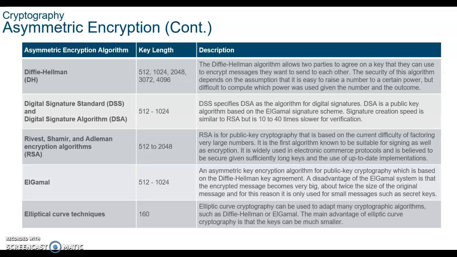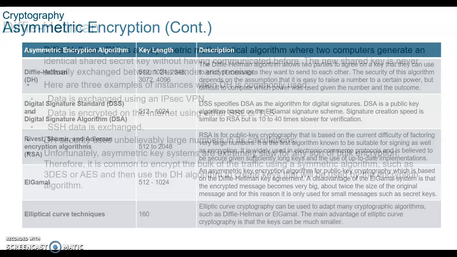Different asymmetric encryption is going to use different types of encryption mechanisms and algorithms. So the Diffie-Hellman, that's one that we've heard of before. DSS, DSA, RSA, ElGamal, and the elliptic curve techniques.